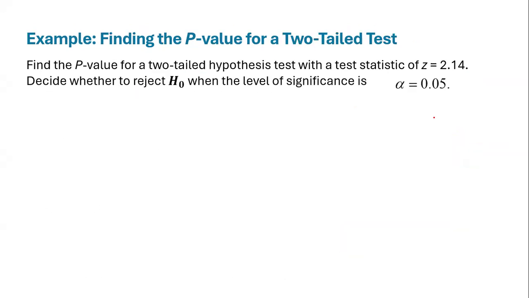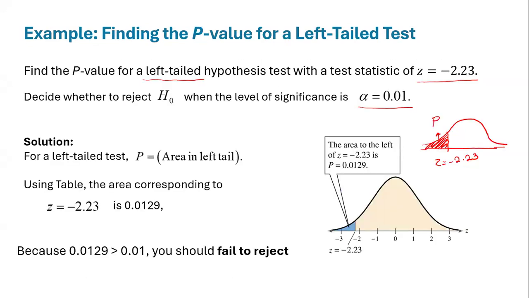When you look at the z-table, look for this number, you will see that the z-table gives you this number as the area on the left. Because all the numbers in the z-table are the area to the left, and in this case also, we want the area to the left. So we use the exact number from the table. After finding the number from the z-table, now this is my p-value, and I need to compare this p-value with alpha.